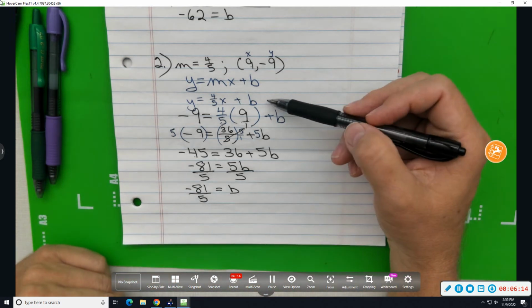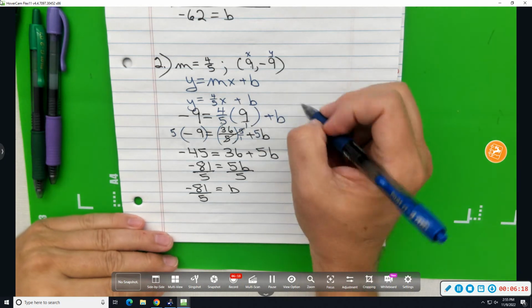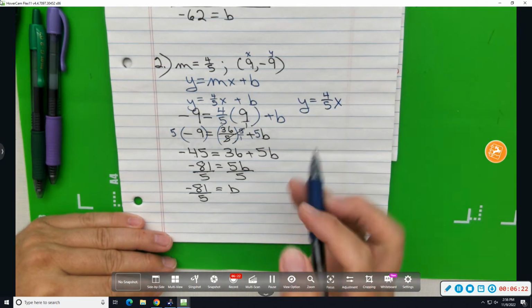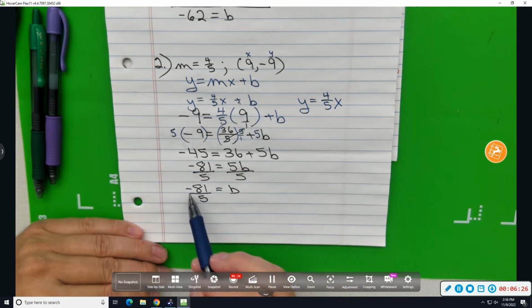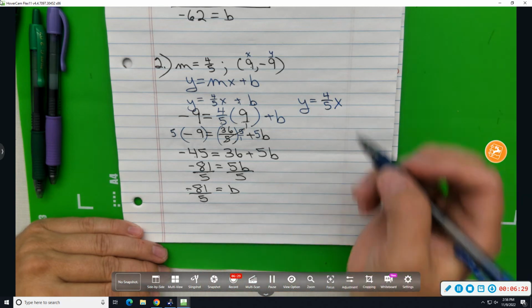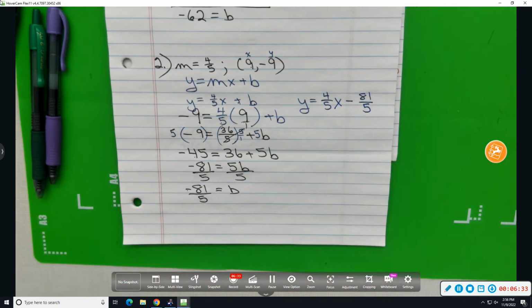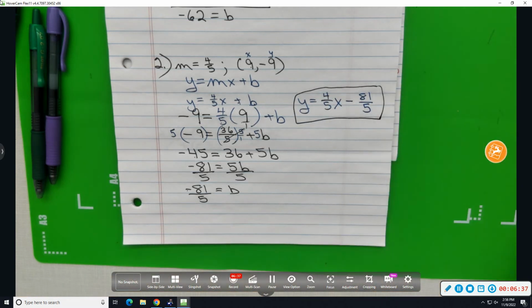So this equation right here, we have y equals 4/5 x, but instead of the plus b, we have a minus 81/5. For my final answer, any questions there?